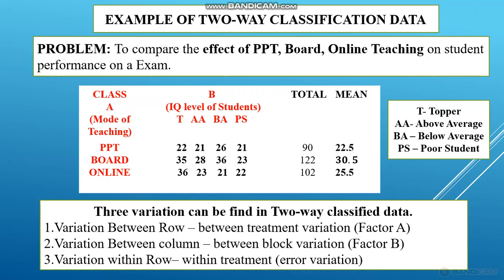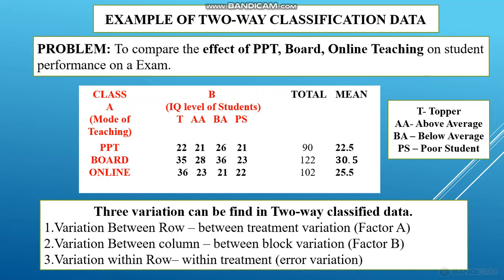Here we are not considering the variation within columns, because here the treatment is row. So we are only concerned with the variation within row, that is the within treatment variation, that is error variation.